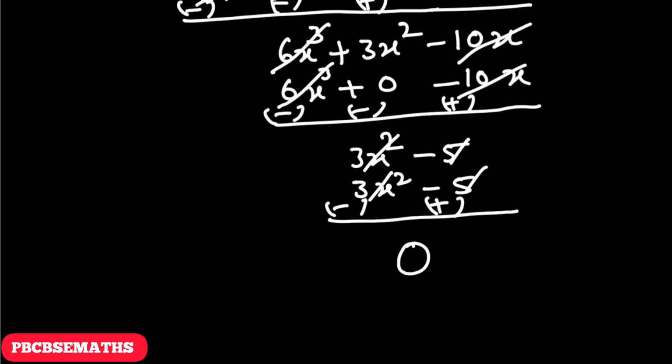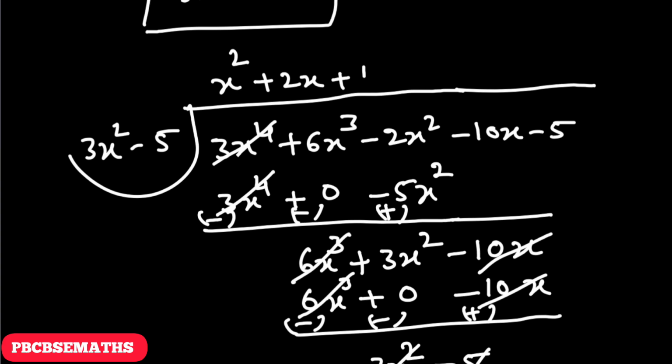Remainder is 0. So the remaining two zeros of the polynomial 3x to the power 4 plus 6x cube minus 2x square minus 10x minus 5 are hidden in this quotient x square plus 2x plus 1. So we have to solve this quadratic polynomial to find out the remaining two zeros of this given polynomial.